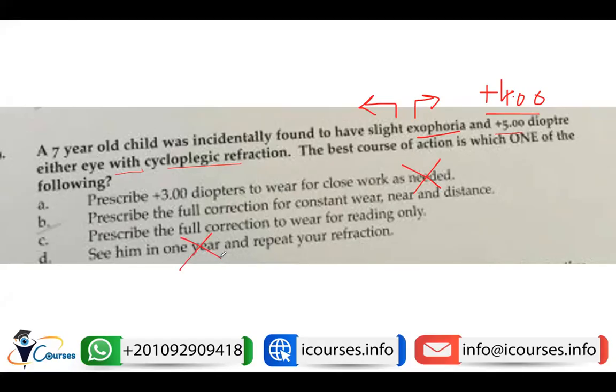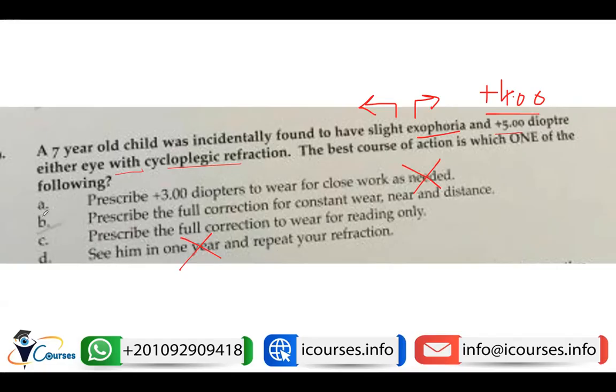We can watch him after 2 weeks or after 1 month after initial correction, and then we can follow up every 3 months or every 6 months. But 1 year in a patient to whom you didn't prescribe any correction will result in amblyopia, especially as he has +5 diopter of hypermetropia.